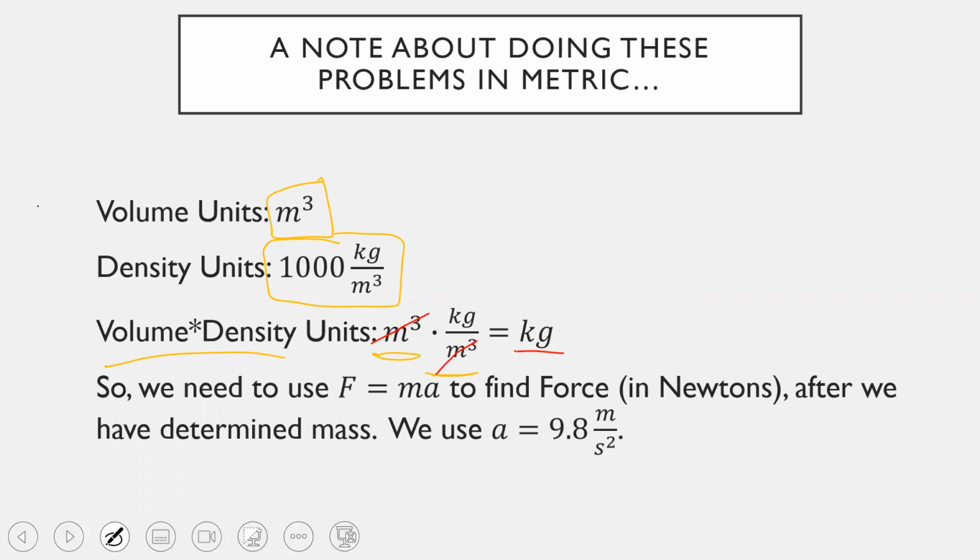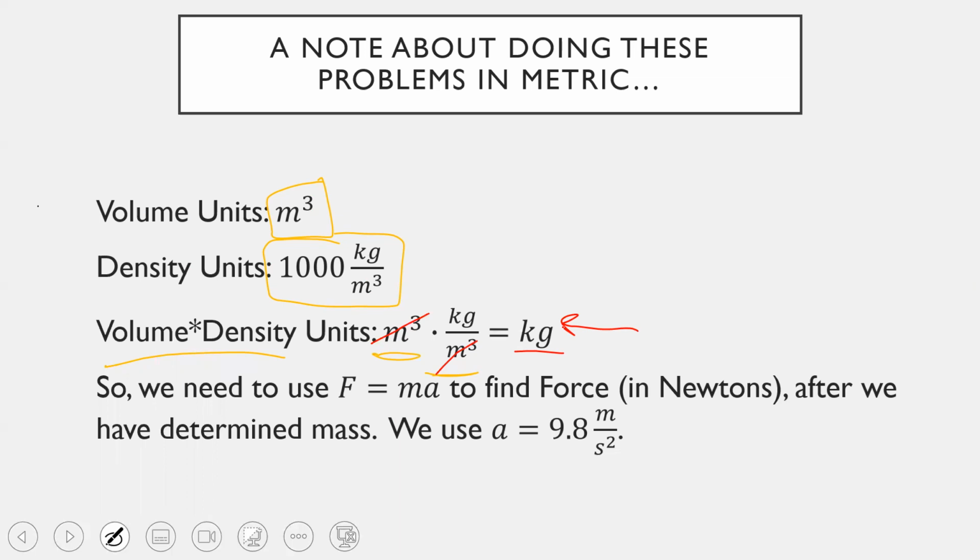Okay. But in using the imperial units, the American units, when we did this volume times density calculation, we got pounds, which is a force. However, in metric, kilograms is a mass. It's not a force. So we need to turn it into a force.